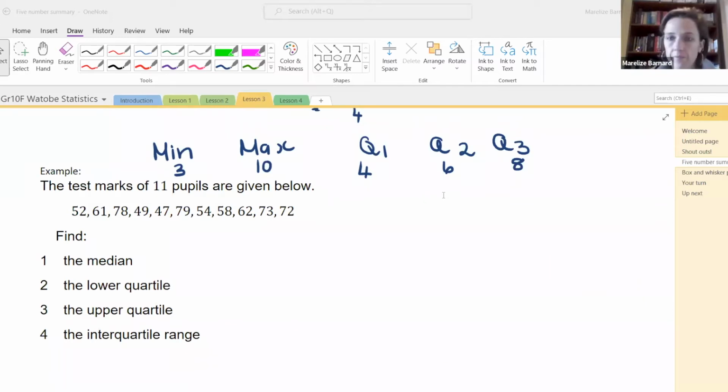Don't forget, you must arrange your data in ascending order.